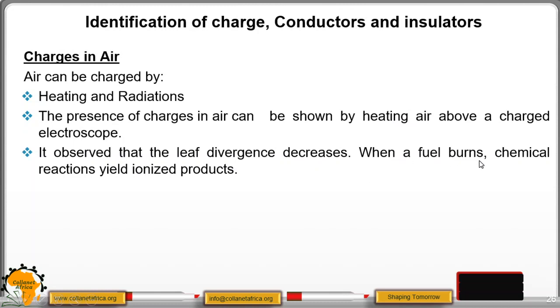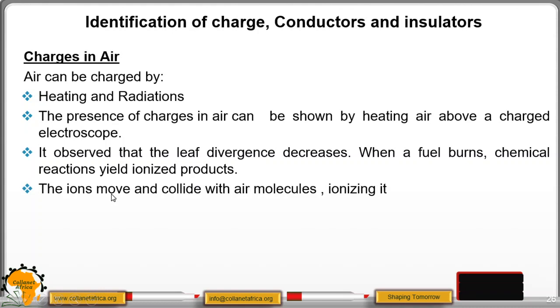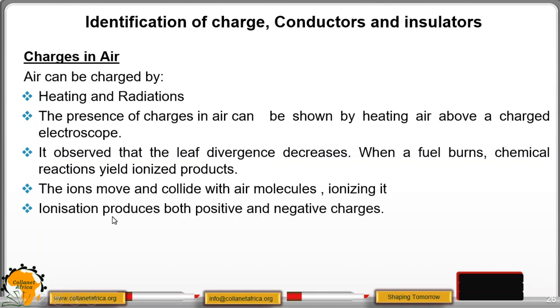When a fuel burns, chemical reactions yield ionized products. The ions, remember, are either positively or negatively charged atoms. These ions move and collide with air molecules, and these air molecules are thus ionized. When they are ionized, we produce the positive and the negative charges.